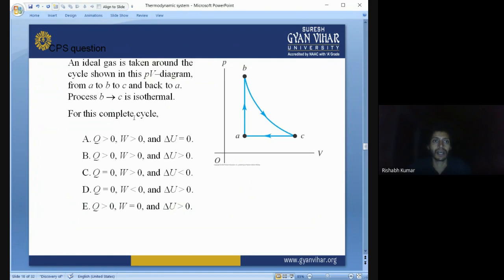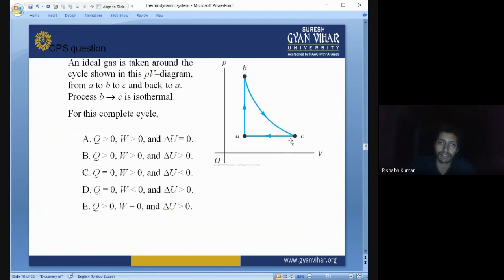Let us see. An ideal gas is taken around the cycle shown in this PV diagram. PV means pressure volume diagram, from A to B and then to C and back to A to complete the cycle, right? Process B to C is isothermal, right?